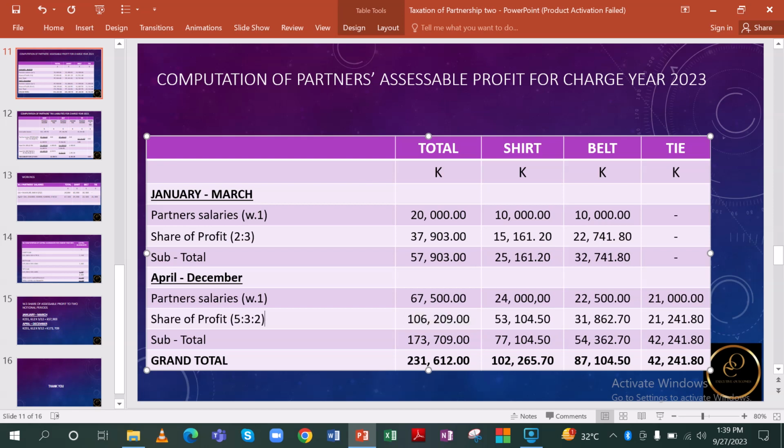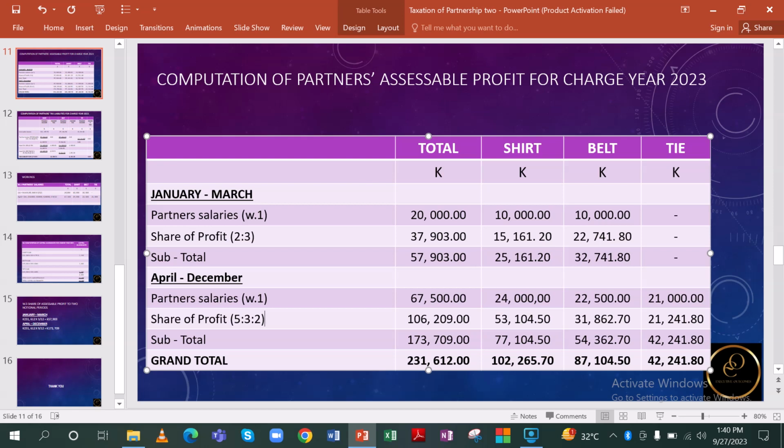So what we do, we add 5 plus 3 plus 2, we get 10 parts, then meaning that for Shed, what is attributed to Shed is 5 parts out of 10, so it will be 5 out of 10 times 106,209 kwacha, which is going to give us 53,104 kwacha 50 ngwe coming under Shed.